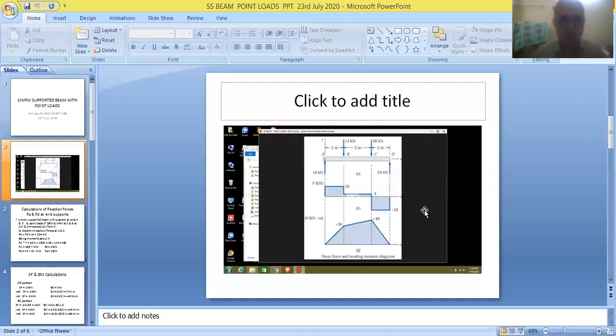So if you come across a downward force, simply allot a positive sign for the downward force and a negative sign for the upward force. Similarly, allot a negative sign for clockwise movements, and a positive symbol for anti-clockwise movements.